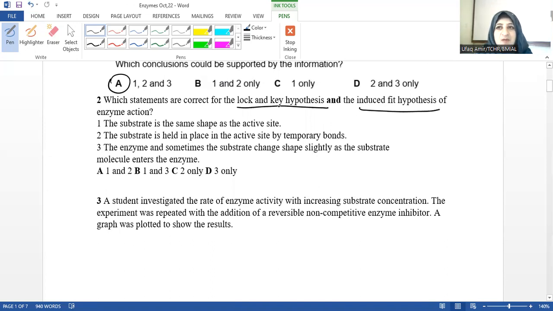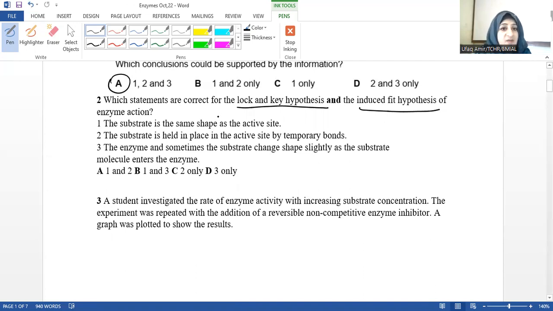Previously it was very rigid, like a jigsaw puzzle, where if the shape is the same, then they fit into each other, otherwise no. But now it is a bit milder. If the shapes of the substrate and the enzyme's active site slightly match, even then they can fit, and to fit properly they both can change their shape slightly. That's the induced fit hypothesis, the latest one.